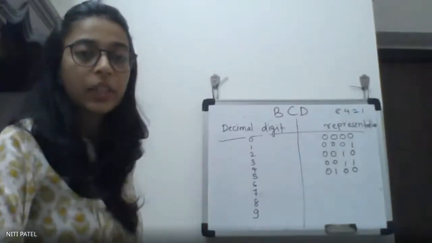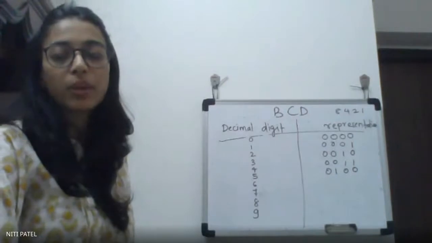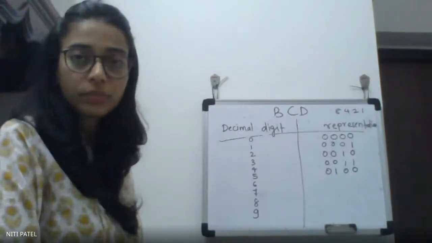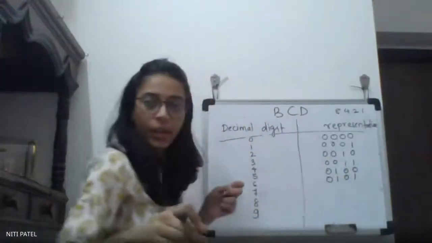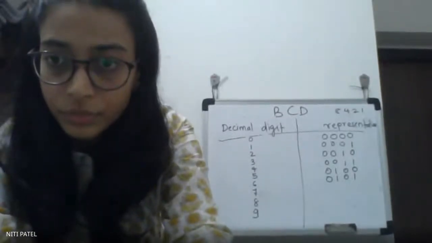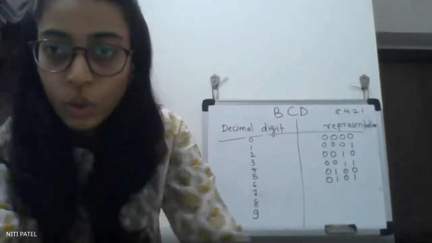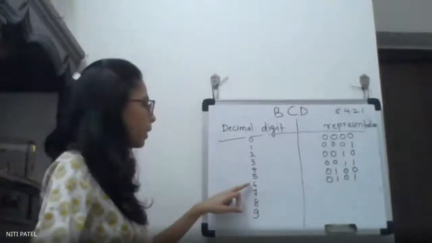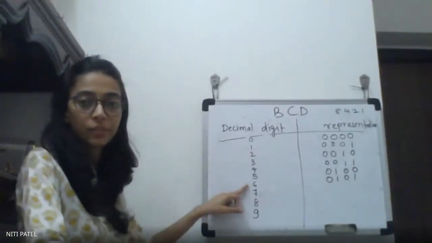Hamza, tell me the binary equivalent for decimal 5. Ma'am, 0 1 0 1. Yes, 0 1 0 1. Kush will tell me binary for decimal 6.